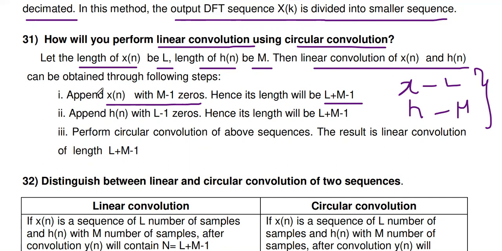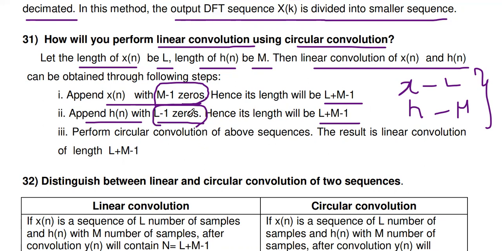So in order to make the x of n length L plus M minus 1, we add M minus 1 zeros. Similarly, append h of n with L minus 1 zeros: in order to make the length of h of n L plus M minus 1, we add L minus 1 zeros. That is the zero padding we have to perform.